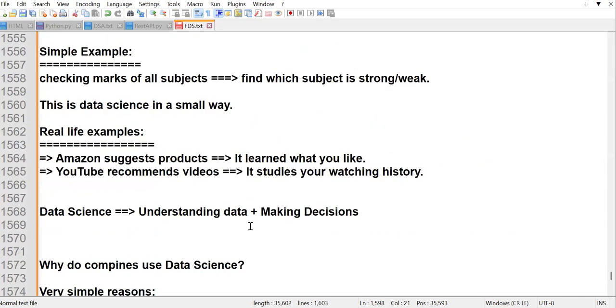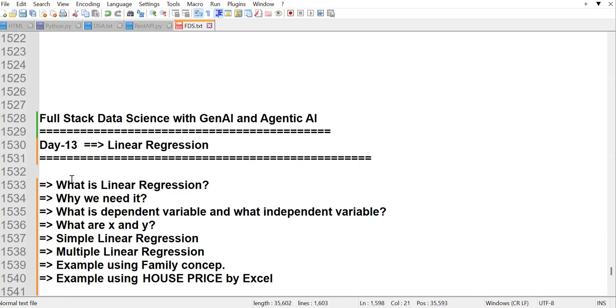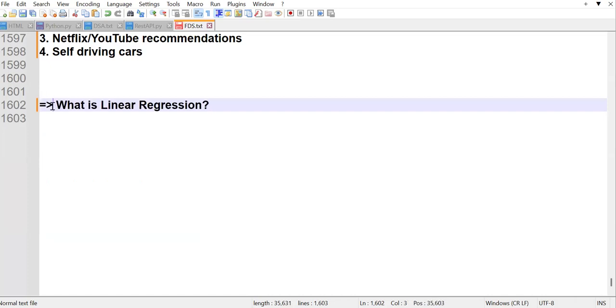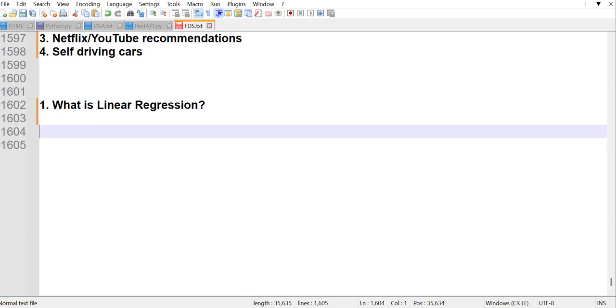Okay, so let's understand our topic, which is what is linear regression. In order to understand linear regression, you have to understand one of the important keys.